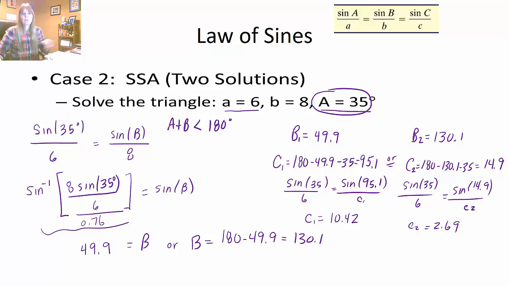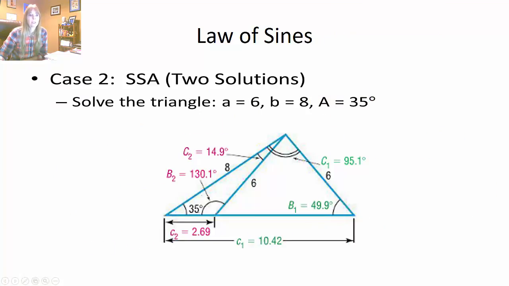Well, actually, both of these work, because first it said there was going to be two solutions, and if you look at the picture, this is actually what's happening. You can see my two solutions here, you end up with two different triangles. So you have to be careful when something like that occurs. And we'll come back with an application.